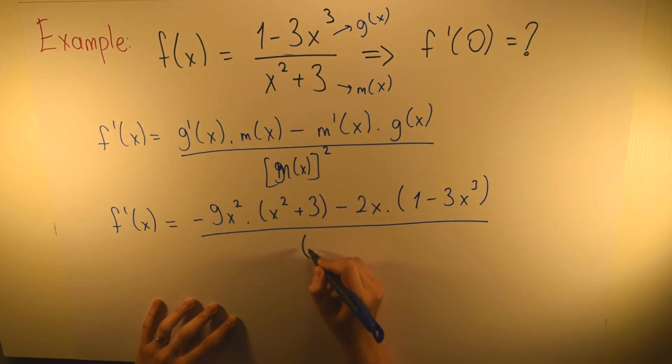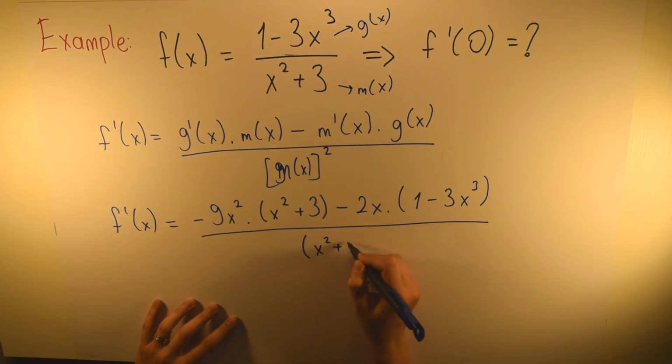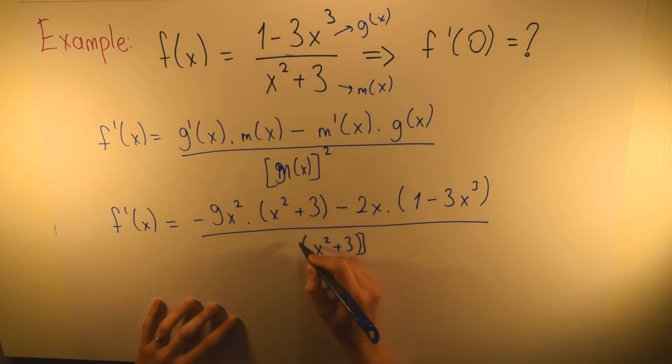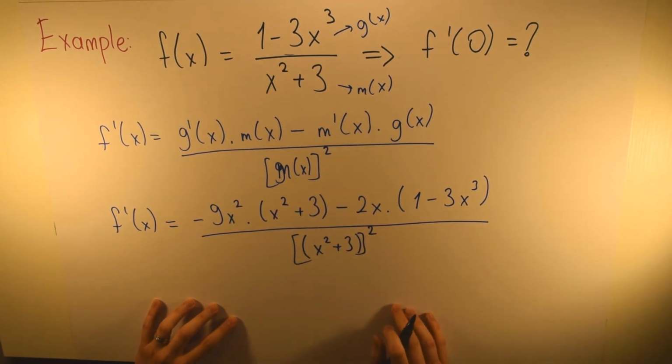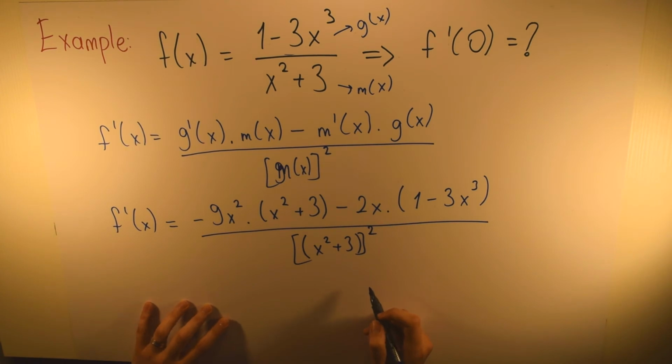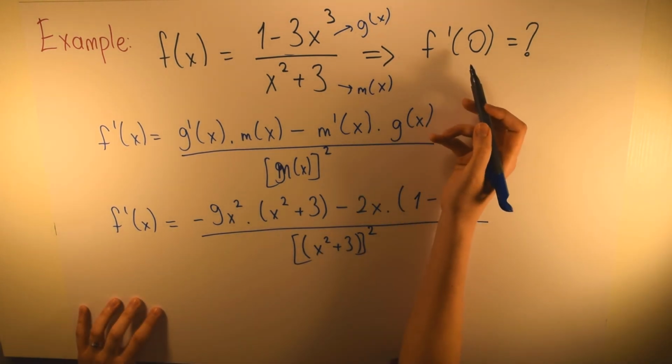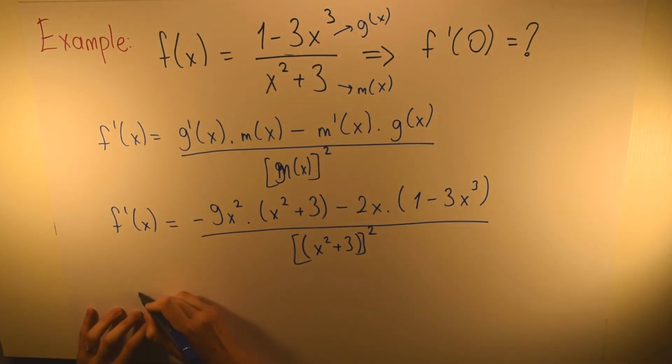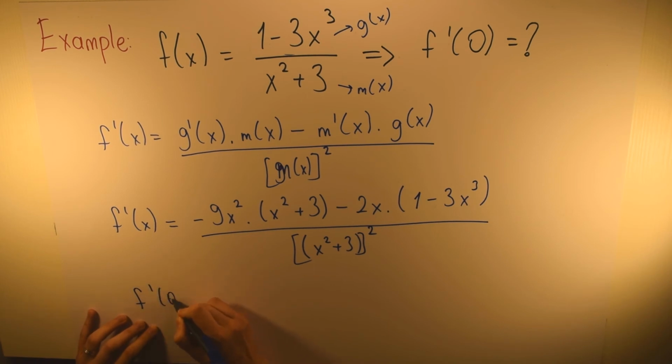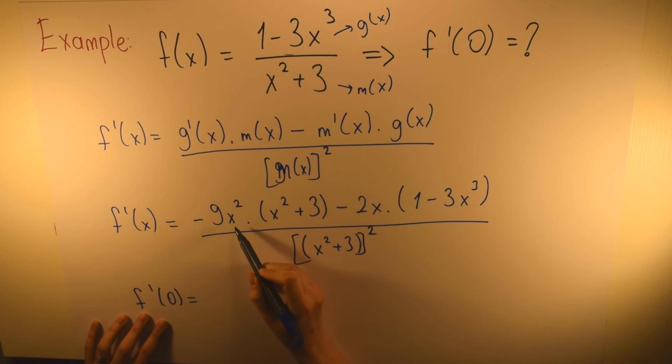So it will be x squared plus 3 to the power of 2, okay. So what was the question? It was the derivative of f of 0. So let's put 0 instead of x. Here, when I put 0, this will all equal 0, right?